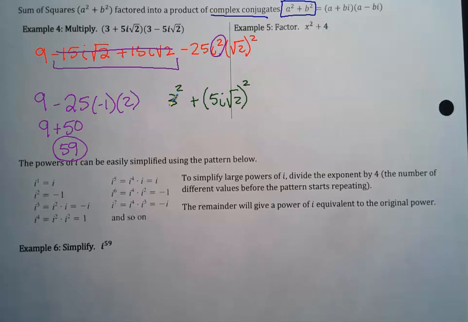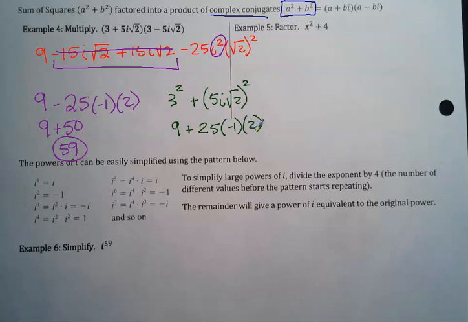All right, so 3 squared is going to simplify to 9 plus, and like I said here, we have 25 i squared, which is -1, and the square root of 2 squared is 2.